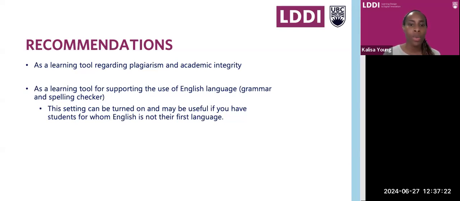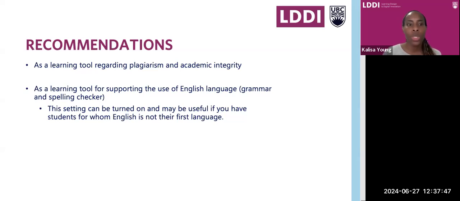Another thing that we need to consider is that because it is a learning tool for supporting the use of English language with grammar and spelling, there's a spelling checker tool that we mentioned earlier. It could be turned on and off. You do need to enable that function.